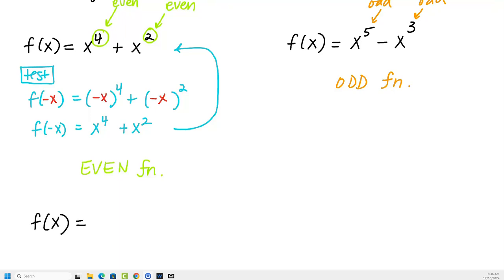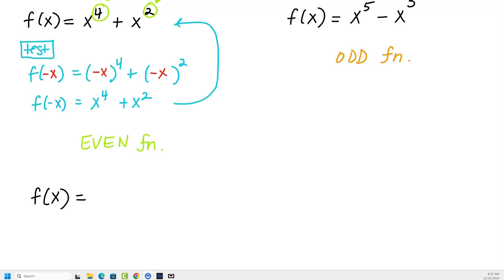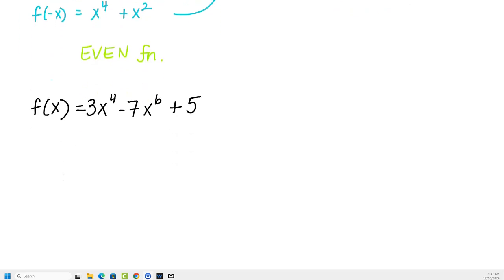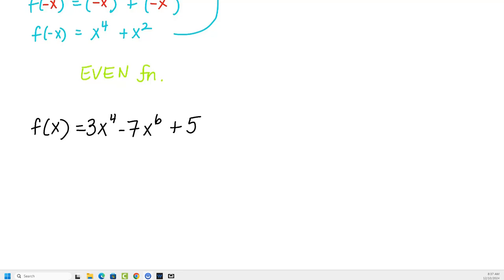Now we got to figure out what happens if I put a constant in, okay? So if I have, let's do 3x to the fourth minus 7x to the 6th plus 5. Okay, are all my exponents even or are all my exponents odd? It's a little hidden here, right? I do notice this is even.